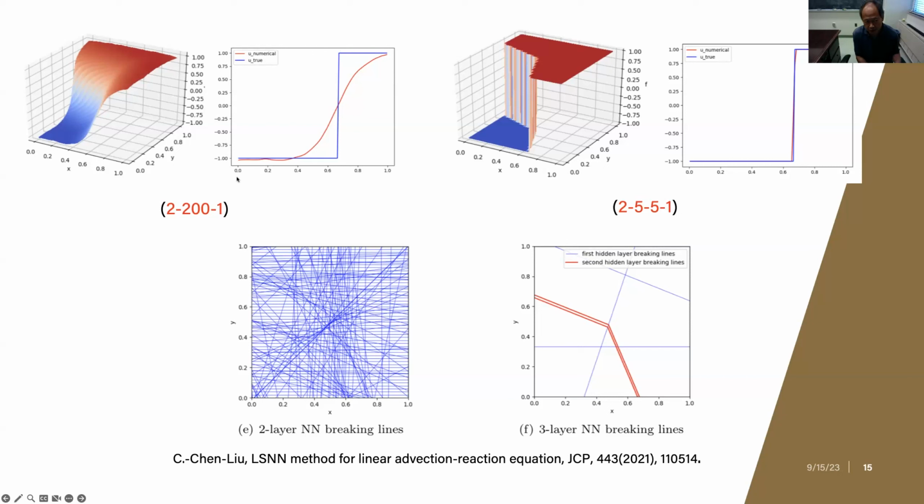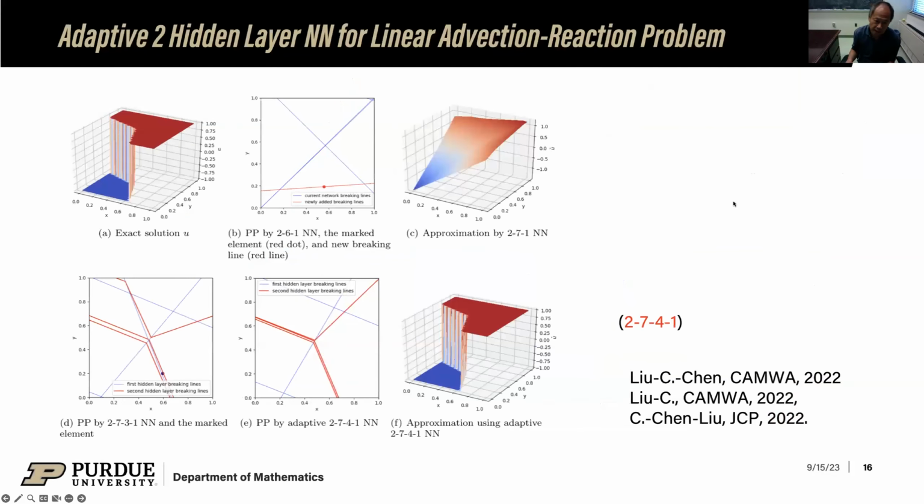As you can see from the cross section, the solution is really bad. But if you use 2 hidden layers, with only 5 neurons for each hidden layer, you can produce excellent approximations. Again, no overshooting and no smearing, no oscillation for that.